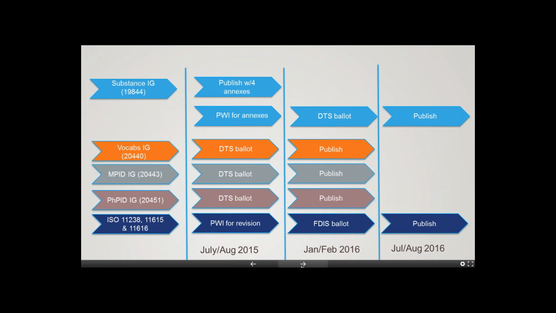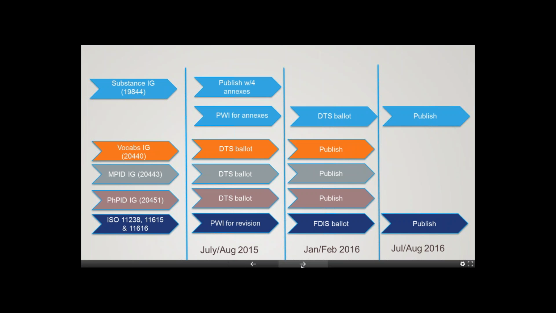Then there will be some further annexes which will be created in 2016 and 2017 and also published then. So that is delayed compared to the current slide. So basically we have a third row, so to say, for the 2017 annexes.